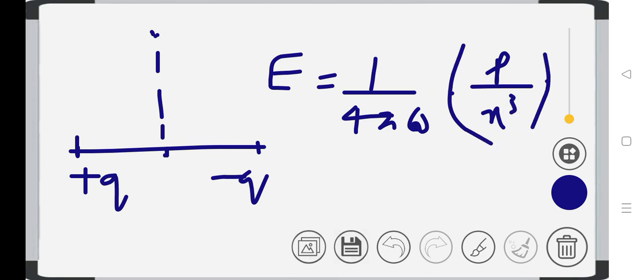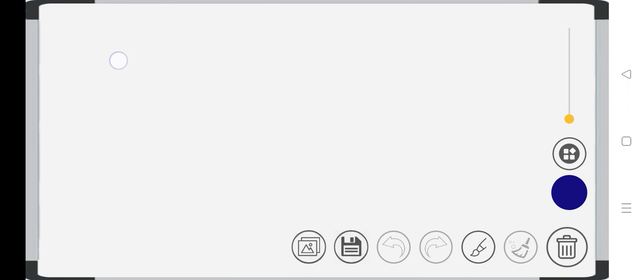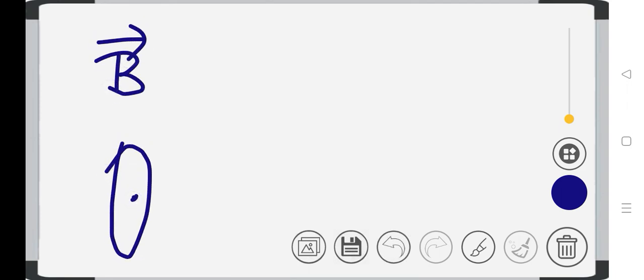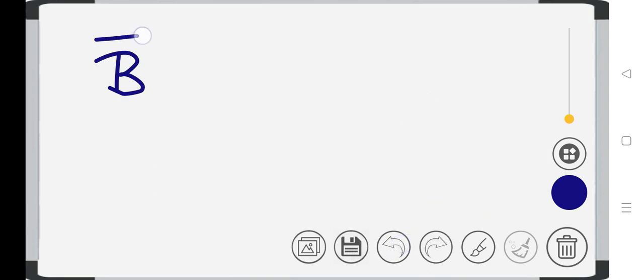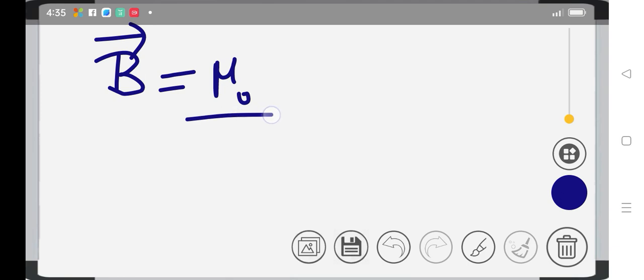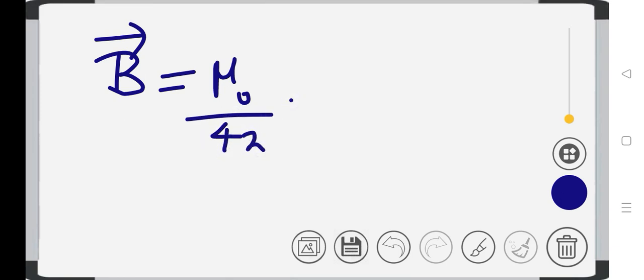So using this analogy, what will be B, the magnetic field of the magnetic dipole? First we find along the axis, then in a direction perpendicular to the axis. If it is perpendicular to the axis, we have to find the magnetic field along this direction. Then the equation is B equal to mu 0 by 4 pi into m by x cube.